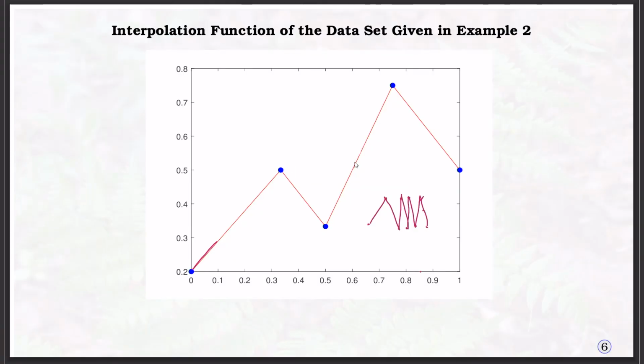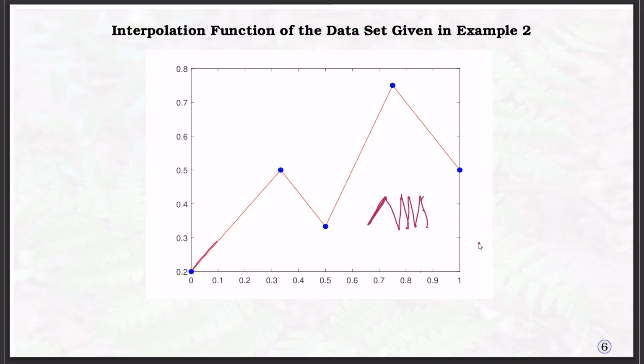Fine. Then what is the drawback of this classical interpolation? As mentioned here in the graph, whenever the data points are irregular, it gives a piecewise continuous function. In this interval, the function is differentiable.